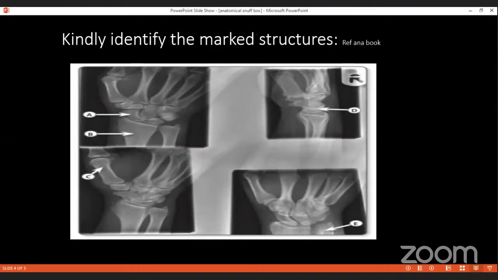The consequence in the long term is avascular necrosis and non-union. Which part of the scaphoid bone is most prone to this complication? The distal part.